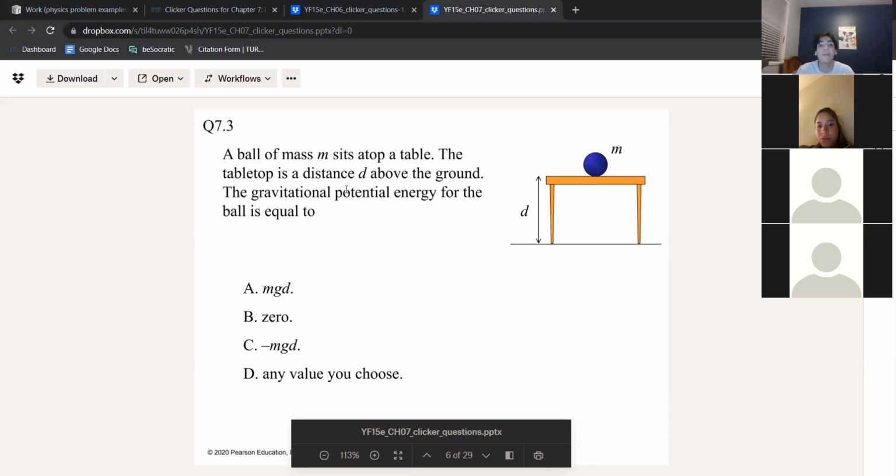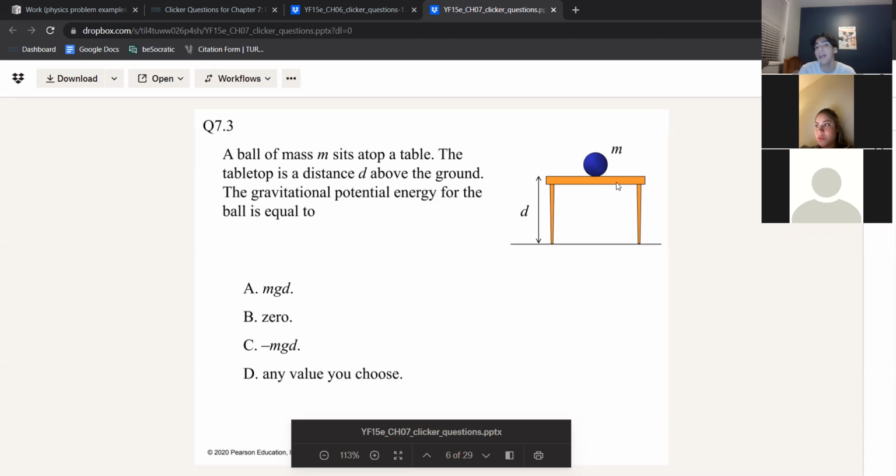A ball of mass M sits atop a table. The tabletop distance D above the ground. The gravitational potential energy for the ball is equal to, this is subjective because gravitational potential energy depends on what you're saying the ball will fall to.